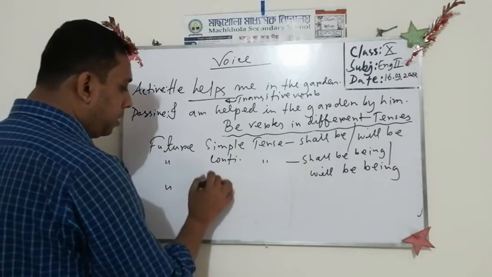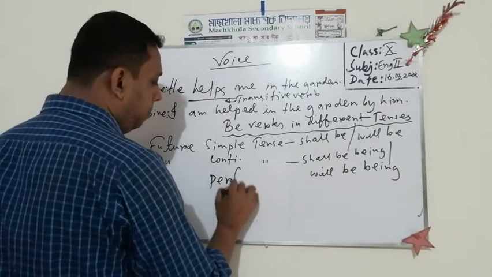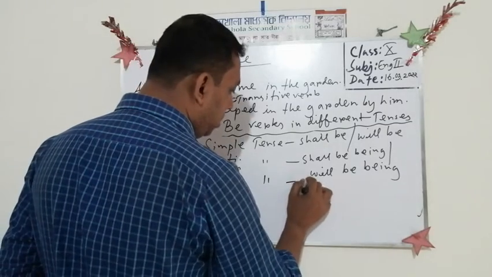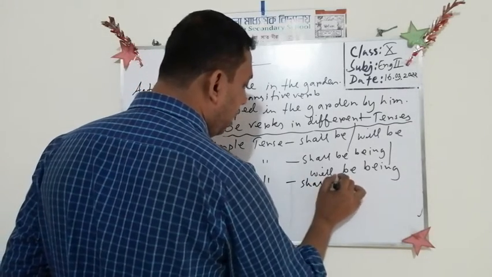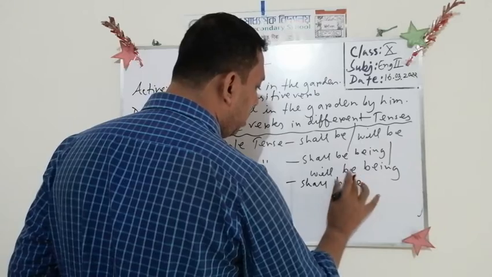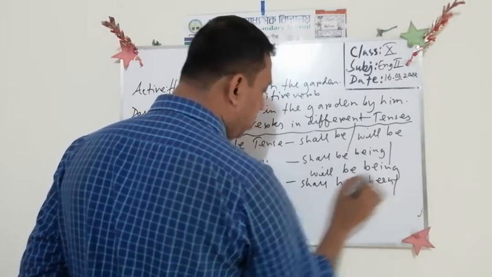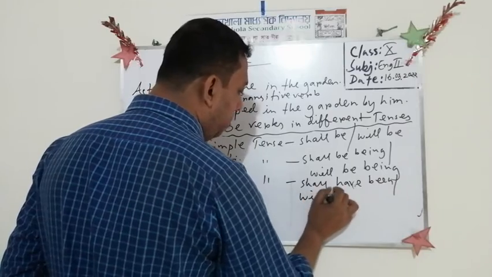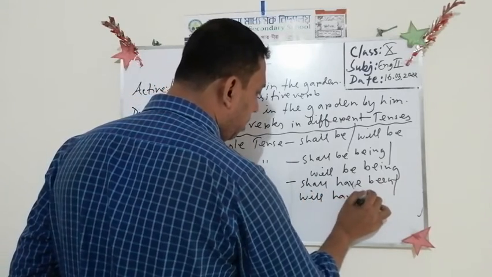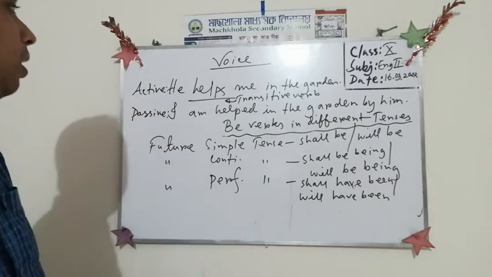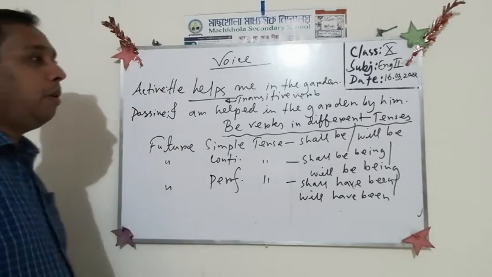And future perfect tense, shall have been, will have been. Okay, so we need it when we will change from active to passive.